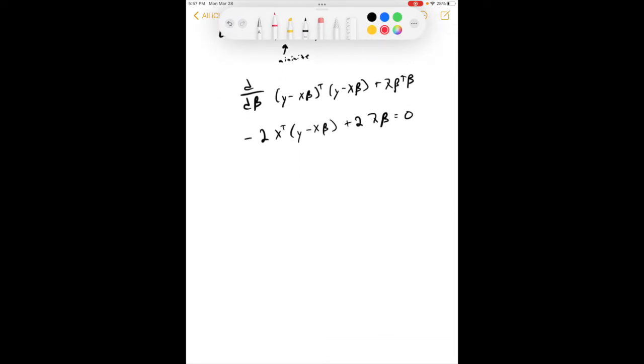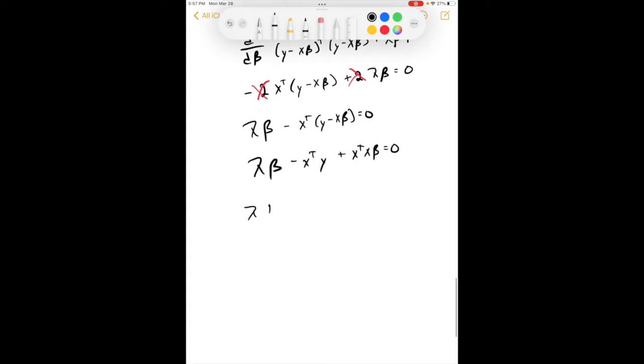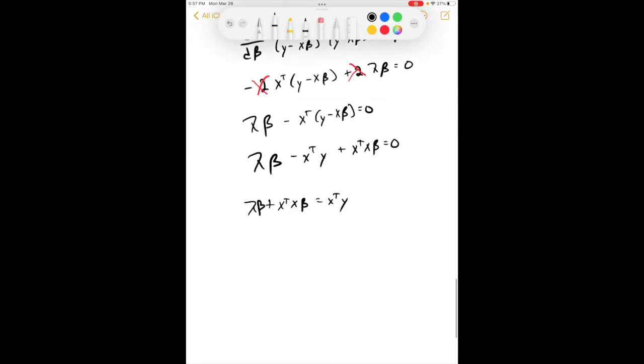If we go ahead and solve this, divide by 2 probably, then what have we got here? We've got lambda times beta minus x transpose times y minus x beta is equal to 0, or lambda times beta minus x transpose times y plus x transpose times x times beta is equal to 0. So we can pair these things up. Lambda plus x transpose times x, sorry, forgot the beta there, beta is equal to x transpose times y.